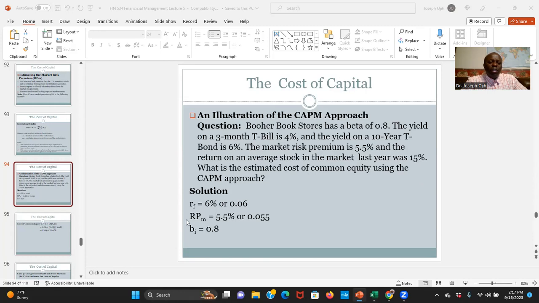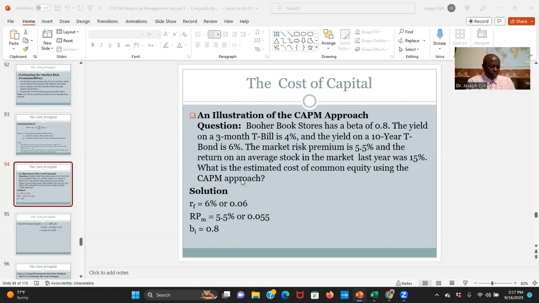For this, we need only three inputs: the risk-free rate, the market risk premium or RPM, and the beta. So let's put them in. The risk-free rate is 6% according to the equation.